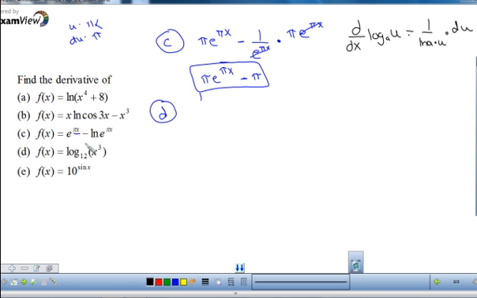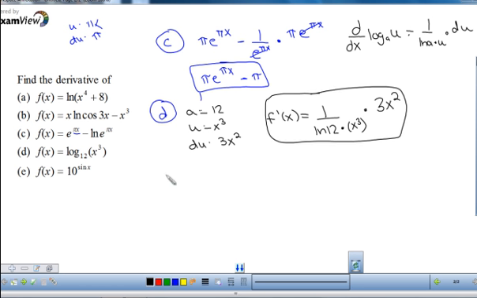So in this case, a is 12, u is x to the third, and du would be 3x squared. So my derivative can be 1 over ln of 12 times x cubed times 3x squared.